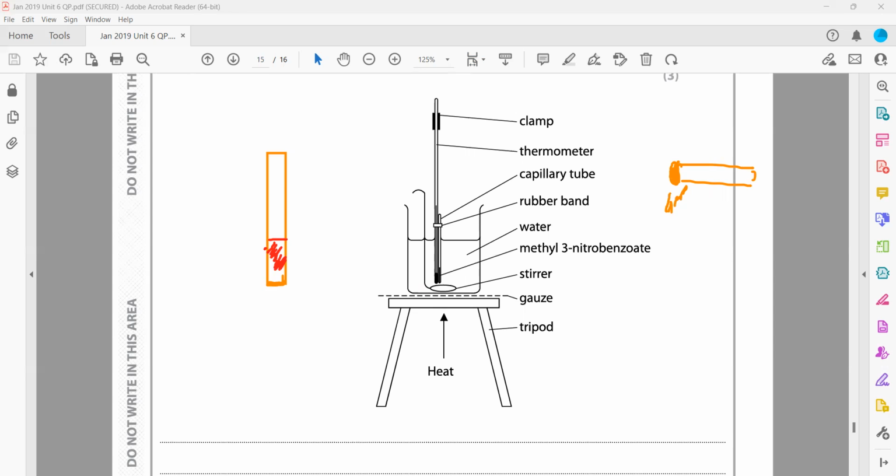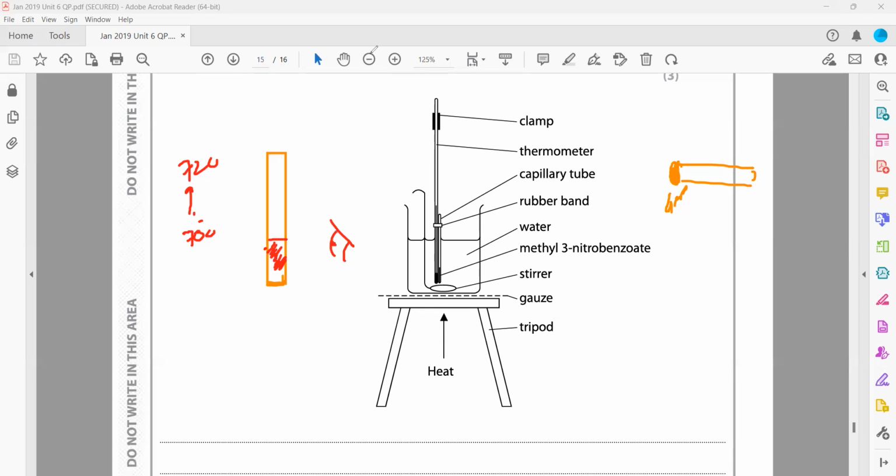When it starts to melt, we'll measure that temperature, and when it has completely melted, we'll measure the final temperature. Theoretically it should melt at a specific temperature, but practically we might have a range. Like when the solid starts to melt, maybe it was 70. When it is completely melted, we observe the temperature was 72.